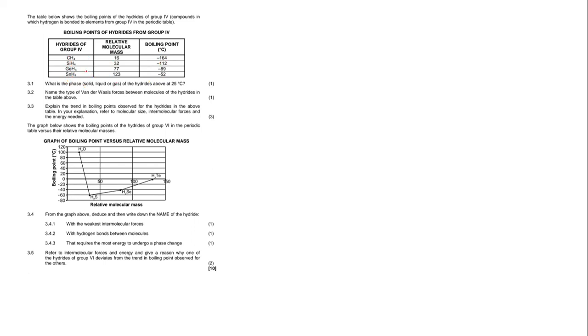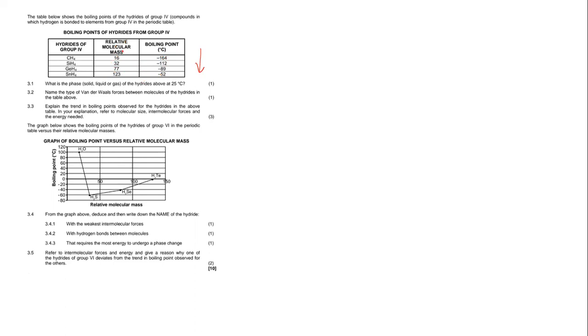There could be common things found in all of these hydrides, but there is something different about them, which is their relative molecular mass. Based on the relative molecular mass, we can conclude that this is one of the reasons why the boiling points are not the same. When I move down the table, the relative mass also increases.